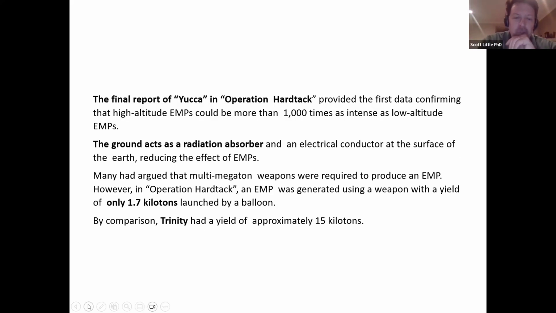So they realized this, and then they started doing some tests to see what type of EMPs we would have with different nuclear devices.